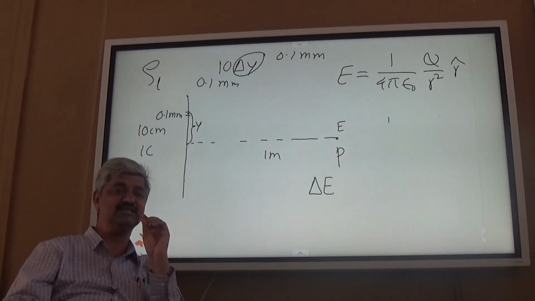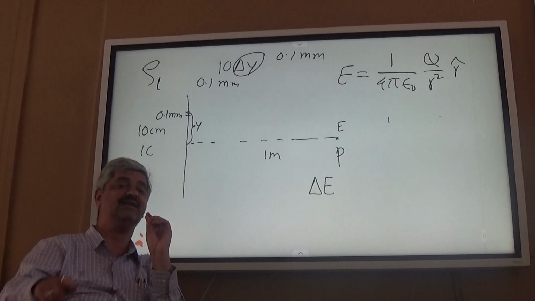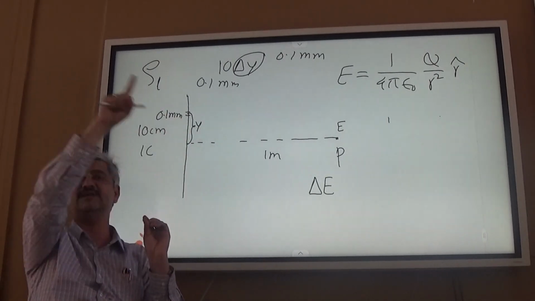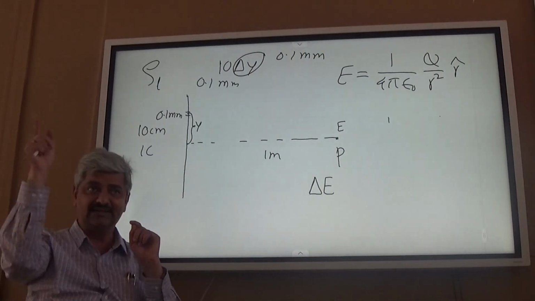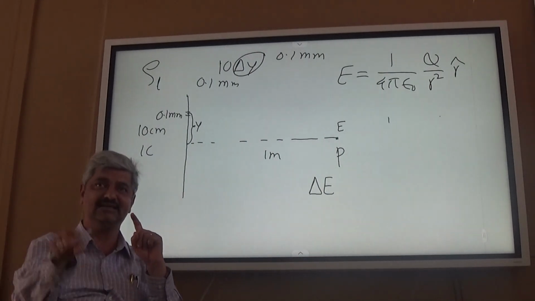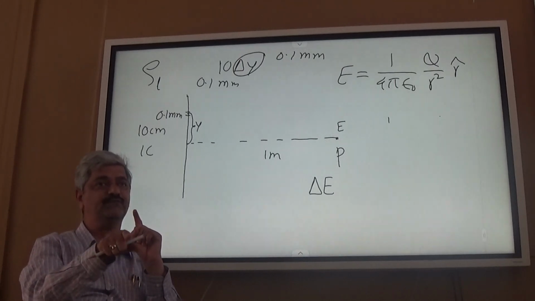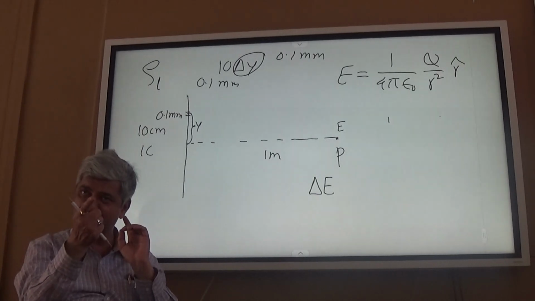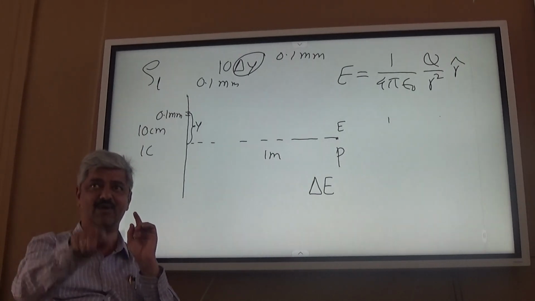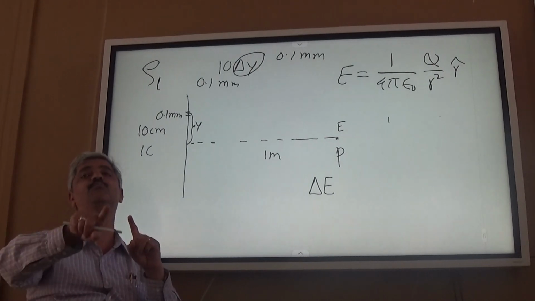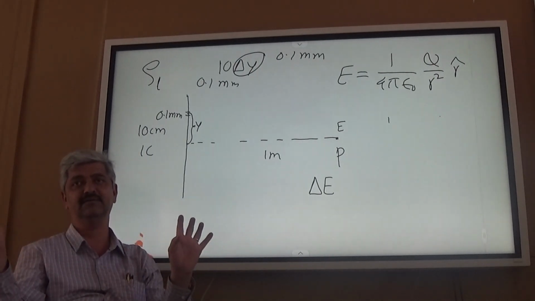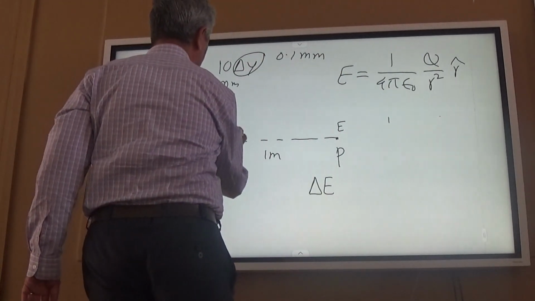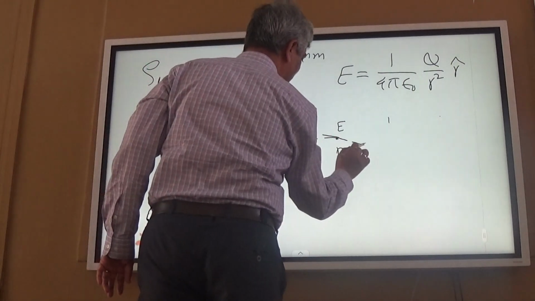Since the distance 0.1 millimeter is negligible compared to where I am standing, for me it is as good as a point charge. Therefore, the electric field component delta E, because of the charge contained by a small segment of length delta y, will be governed by the point charge formula. Delta E would be in this direction.